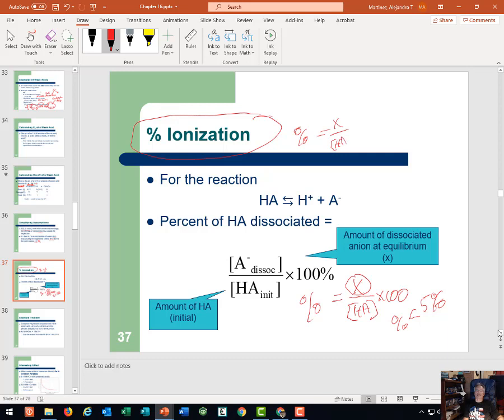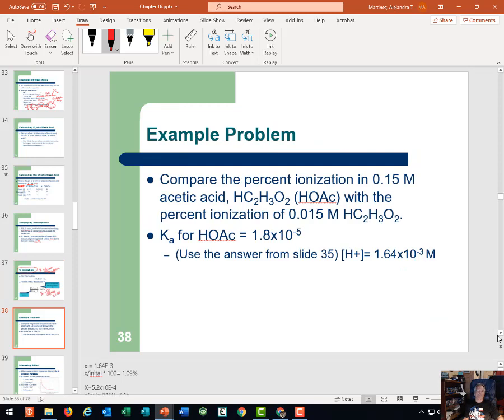In this case, acid, but it could be the percent ionization of a base. It would be the same thing: X over whatever the weak base concentration was, times 100, would give you the percent ionization as well. Okay, so let's go ahead and work another problem.